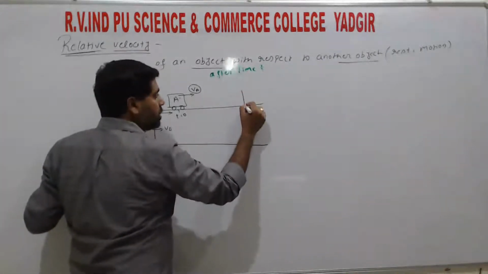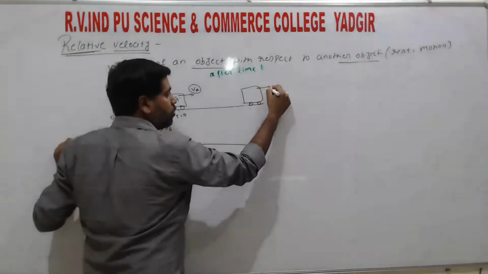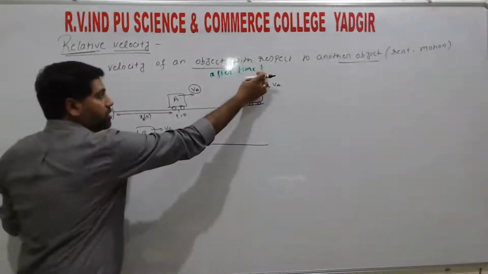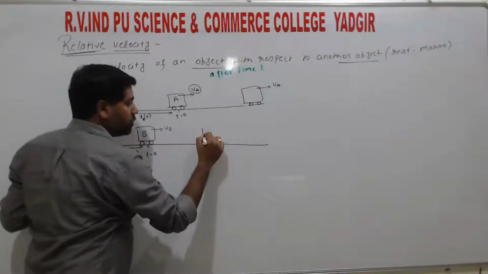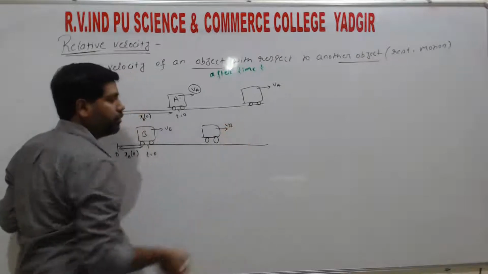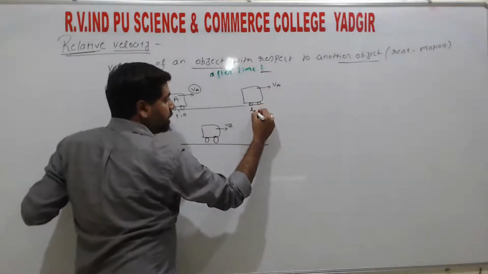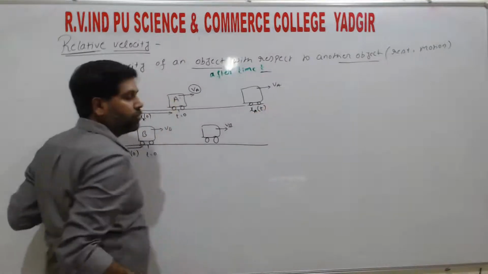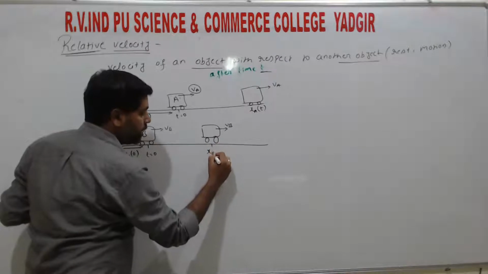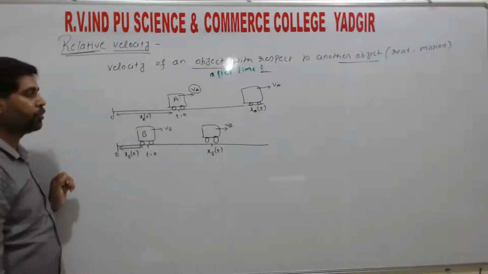So after some time t, the object or the vehicle is here moving with the velocity VA, right? So after the same time, this object B is also moving with the velocity VB, right? So at this time, the position of the object is xA of t, right? So here also we taken the position of object B, that is xB of t, right?